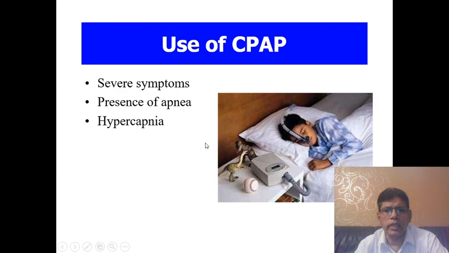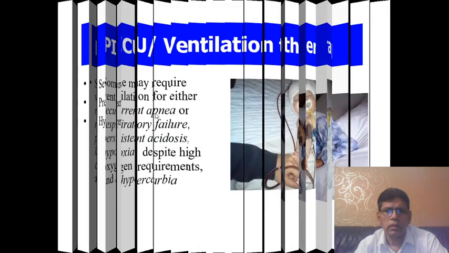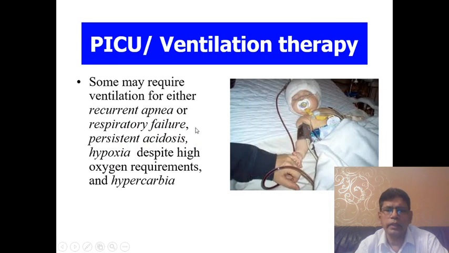And in case of severe distress not manageable with high flow oxygen therapy, you can go for CPAP, continuous positive airway pressure, and even the child may need PICU admission for ventilation.